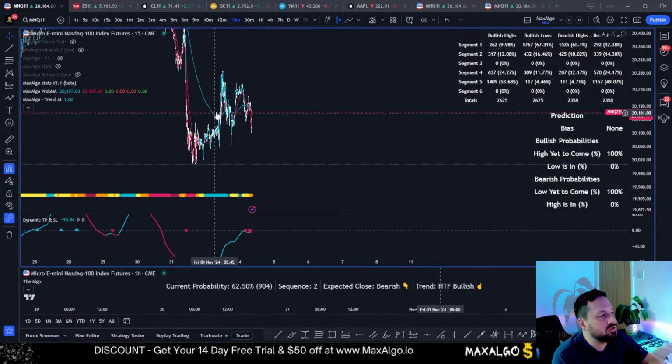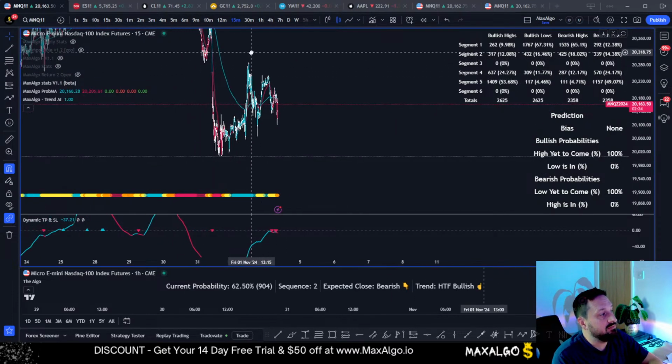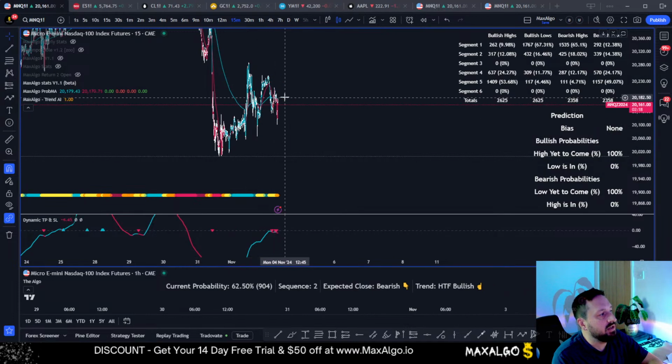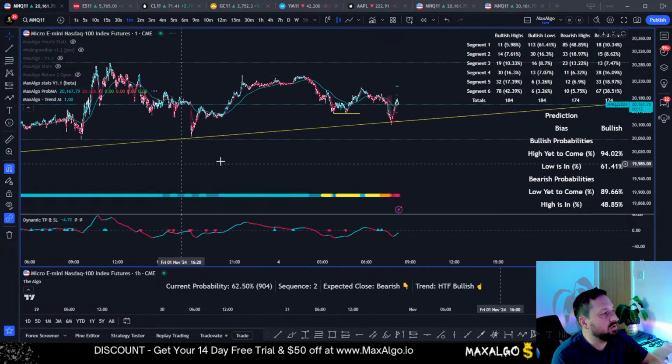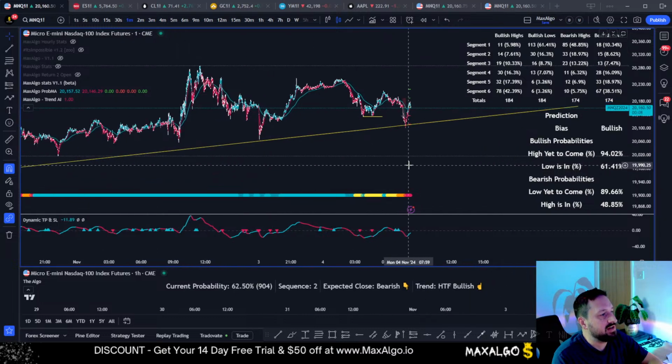So obviously, when your sequence goes into a corrective phase of a higher time frame bearish, that's basically showing you that we've been bearish and we're now corrective, or we're bullish in a higher time frame bearish market, and your trend AI is going to show you what? We're still bullish, we're still bullish, we're still bullish. Now we're transitioning.